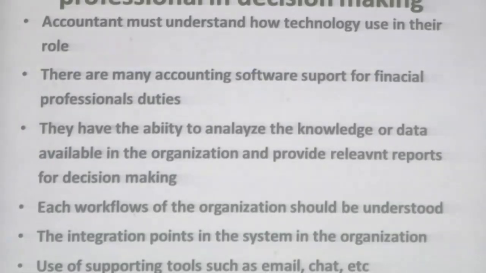In the product range, the accountant can analyze the past information, capture it from the system, and develop a report saying that this product is not reaching the required target. That information can be provided to the management.